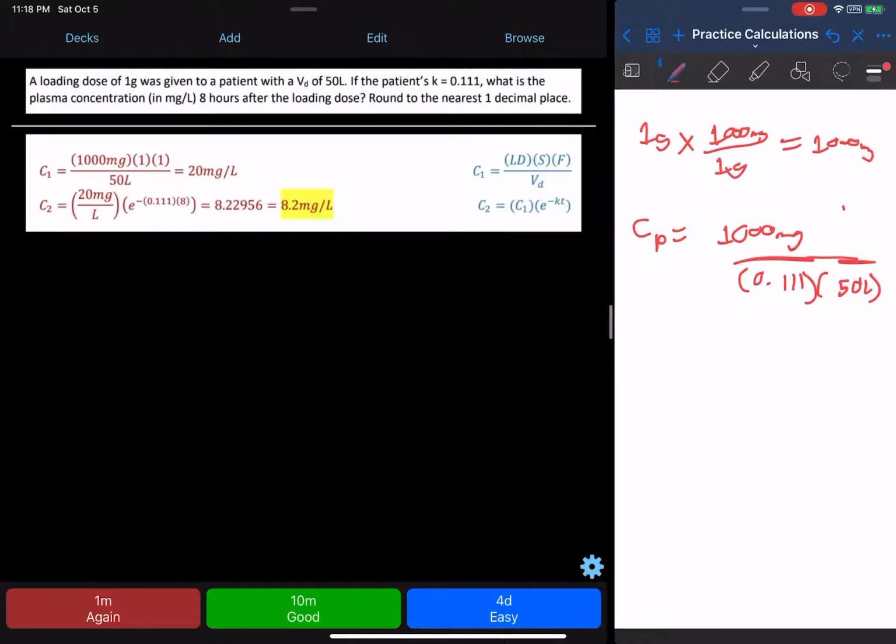Okay, I'm not sure how to do this. Okay. 1,000 milligrams divided by 50 liters. Okay, that's how you solve for that, once you get concentration 1.